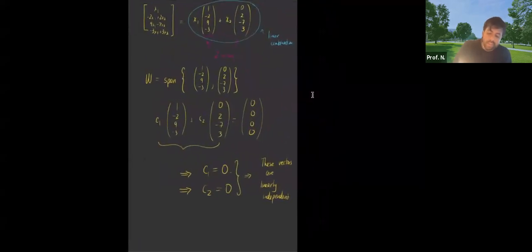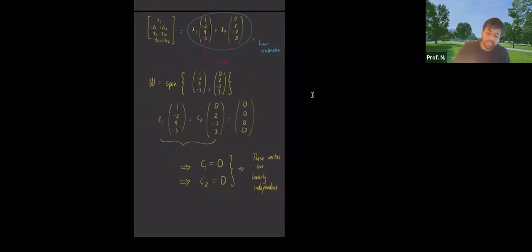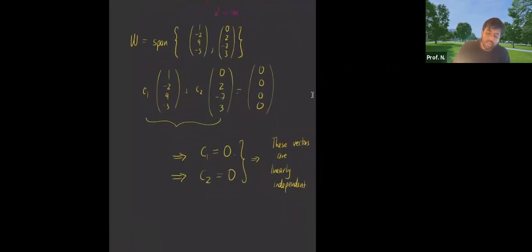So not only do the linear combinations of them create the span for W, they're also linearly independent themselves. So then what do we say?